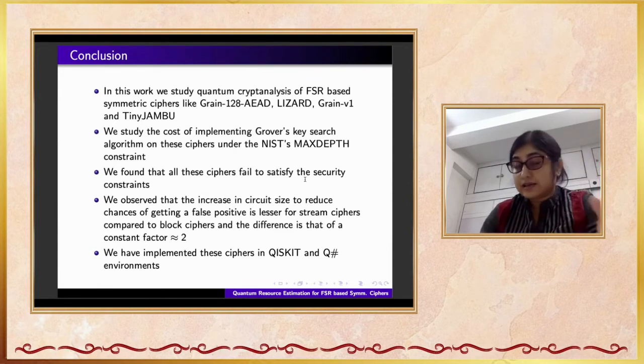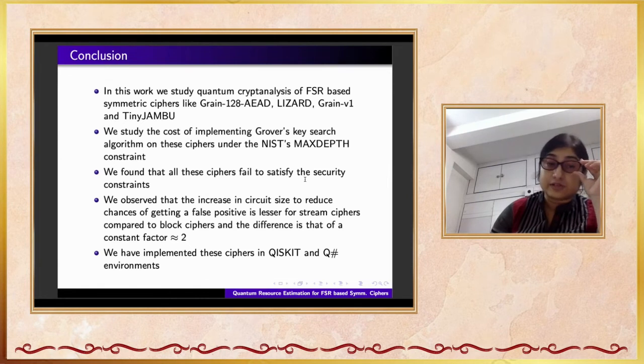In summary, in this work we study quantum cryptanalysis of FSR-based symmetric ciphers like Grain 128 AEAD, Lizard, Grain V1, and TinyJAMBU. We study the cost of implementing Grover's search algorithm on these ciphers under the NIST max depth constraint. We found that all these ciphers fail to satisfy the security constraints.